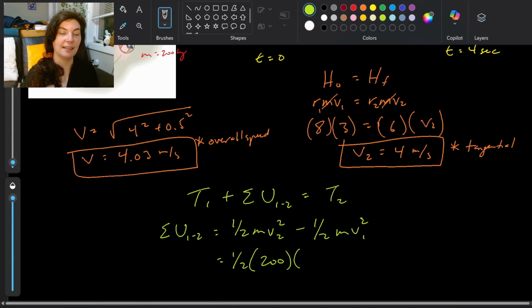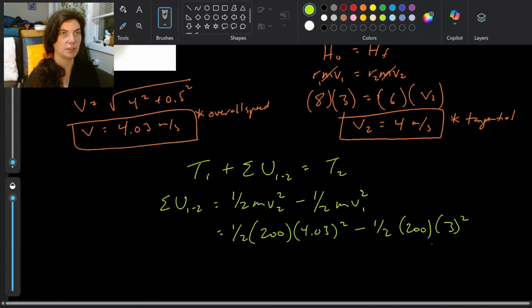And bear in mind, this final velocity is actually the overall final speed. So that 4.03 squared minus 1/2 times 200 times the 3, our initial velocity of 3, which is before that 0.5 kicks in.